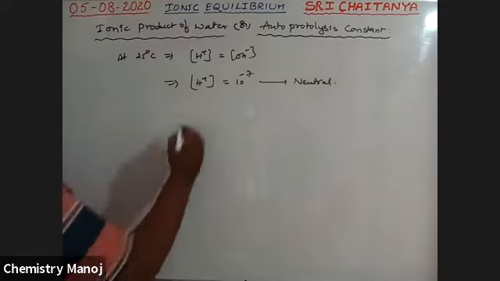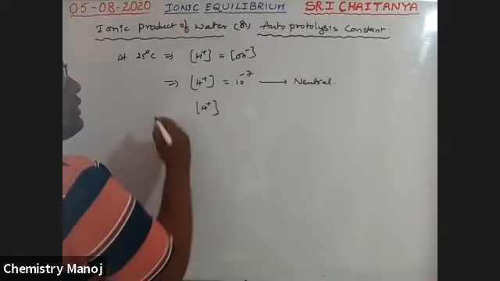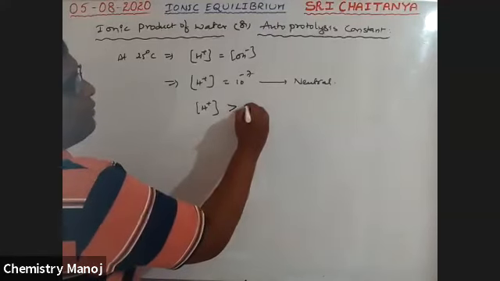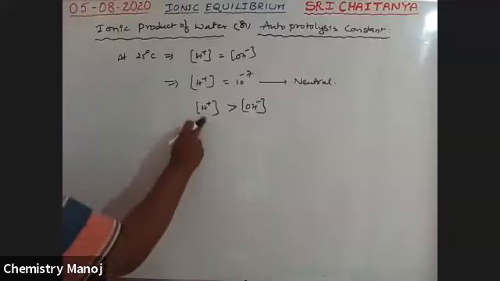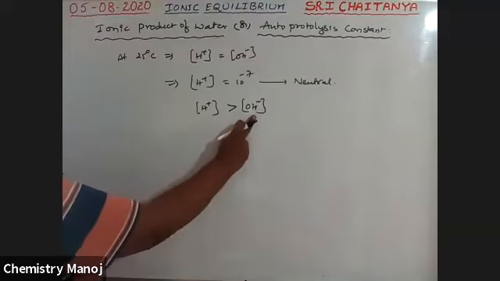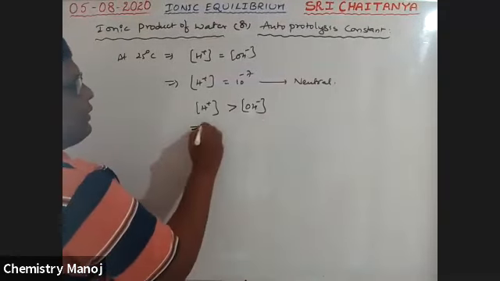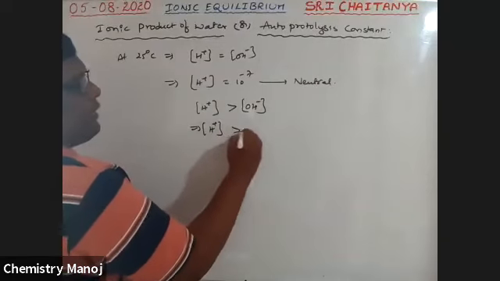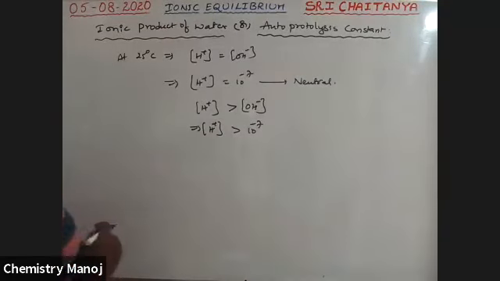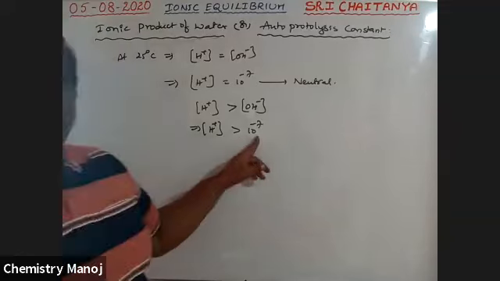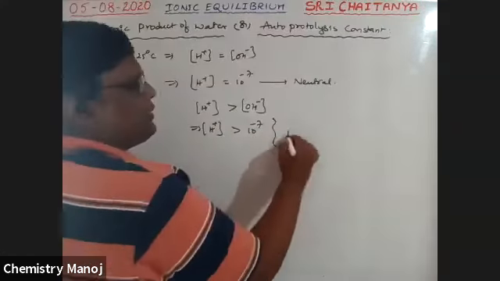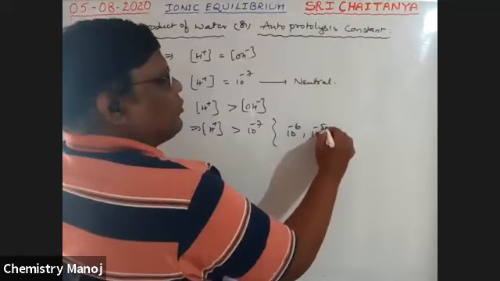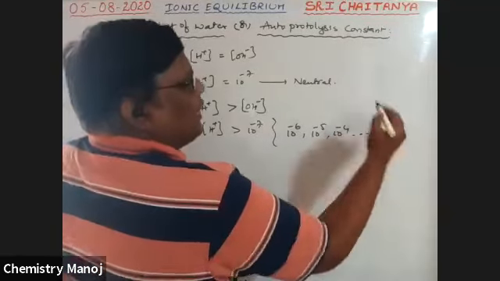For example, if H+ concentration is greater than OH- concentration, that means the more the H+ concentration, the less the OH- concentration. That implies H+ concentration is greater than 10^-7, like 10^-6, 10^-5, 10^-4.